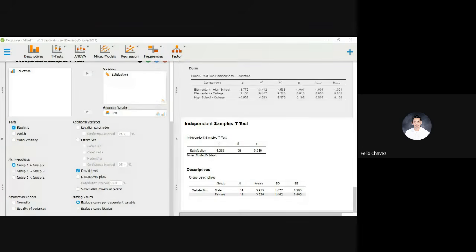So the assumptions of ANOVA are still the same. The DV must be continuous. The IV should consist of more than two, more than two categorical independent groups, because this is ANOVA. And then, the DV should be approximately normally distributed.